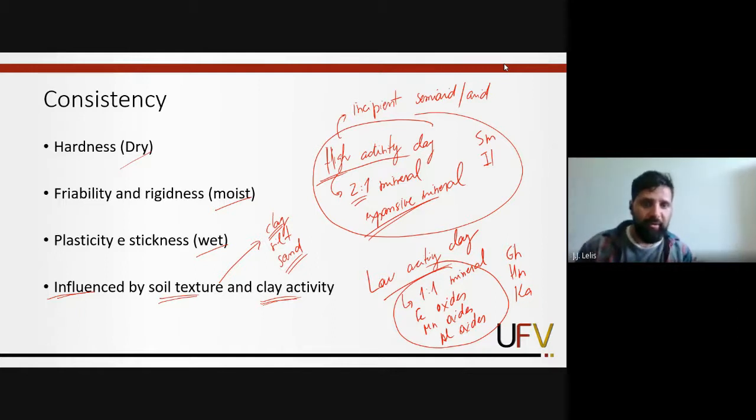So we keep a high activity of clay. The low activity clays we can find in well developed soils, in wet and tropical climates. So here we can find some alfisols, vertisols, cambisols, inceptisols, and here we can find some oxisols or ferralsols, ultisols, and others.